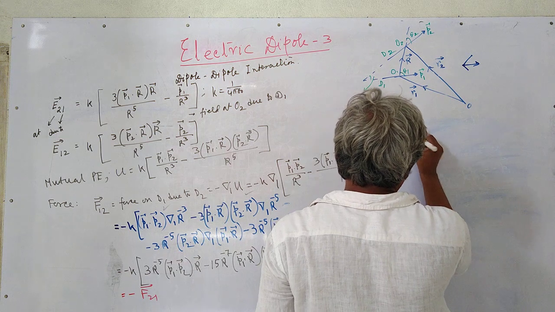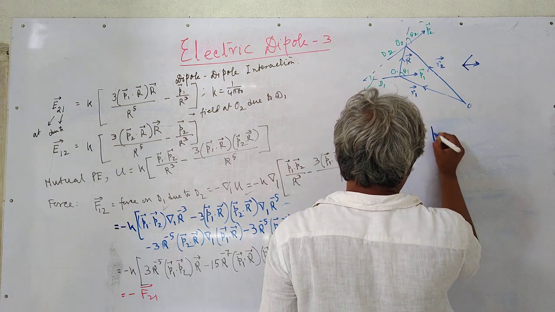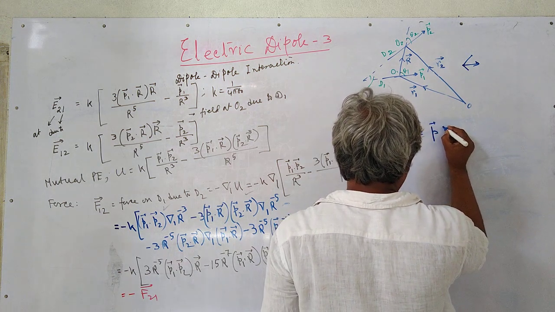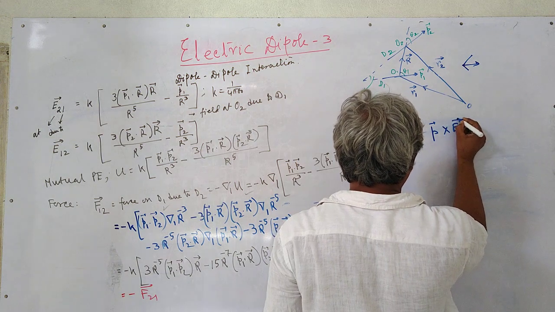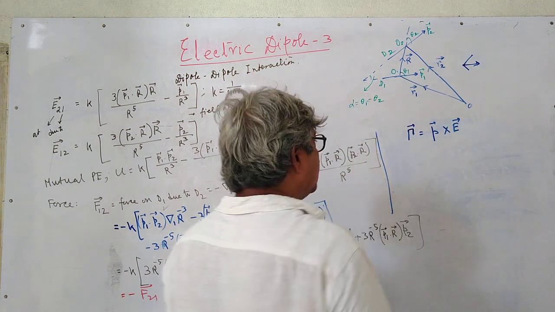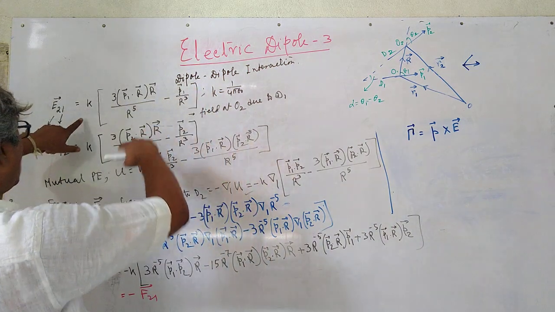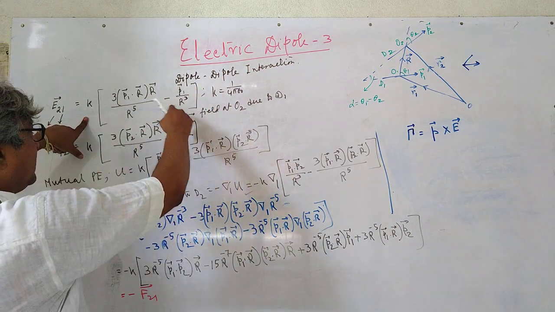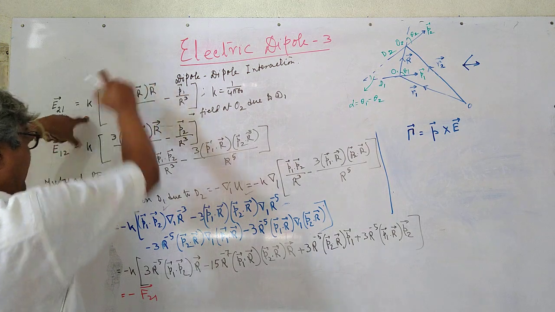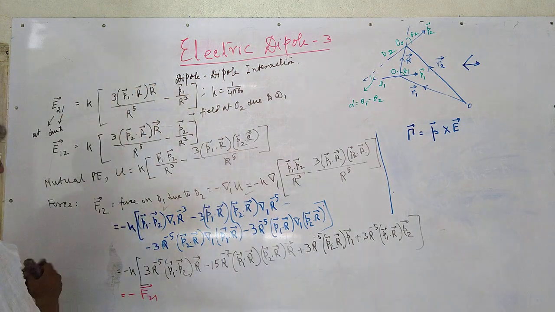When a dipole is placed in a constant electric field, this is the expression for the field. So torque, we know this. If we cross it by P2, we obtain the torque that acts on dipole 2.